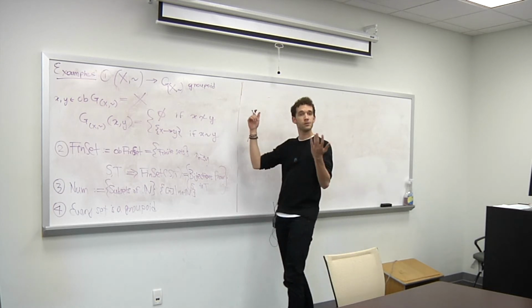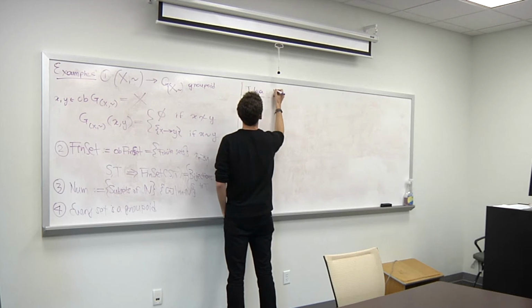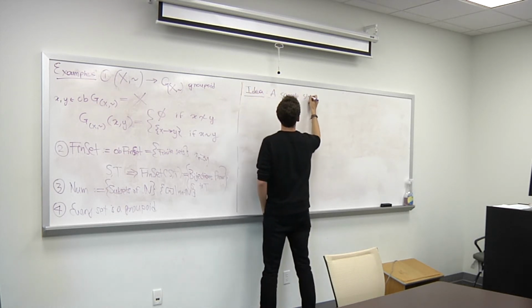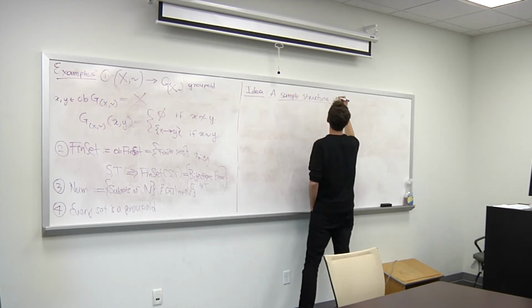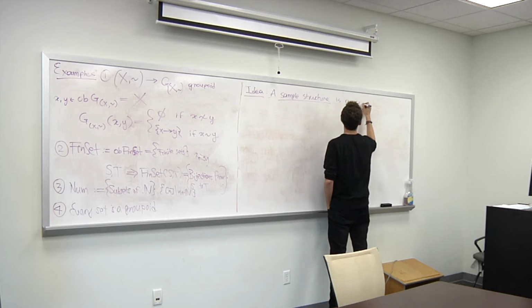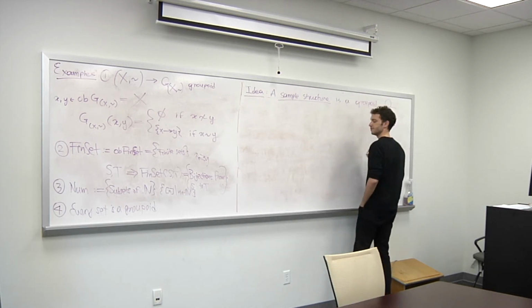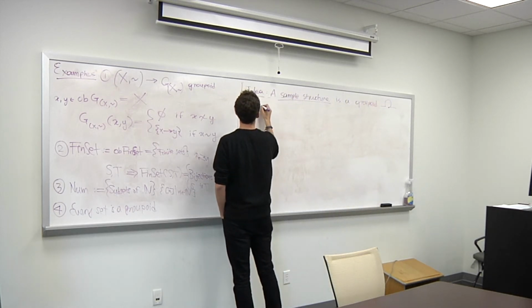Okay, so idea. A sample structure, what gives the title to this talk, is a groupoid, omega. Okay? Question, immediate.